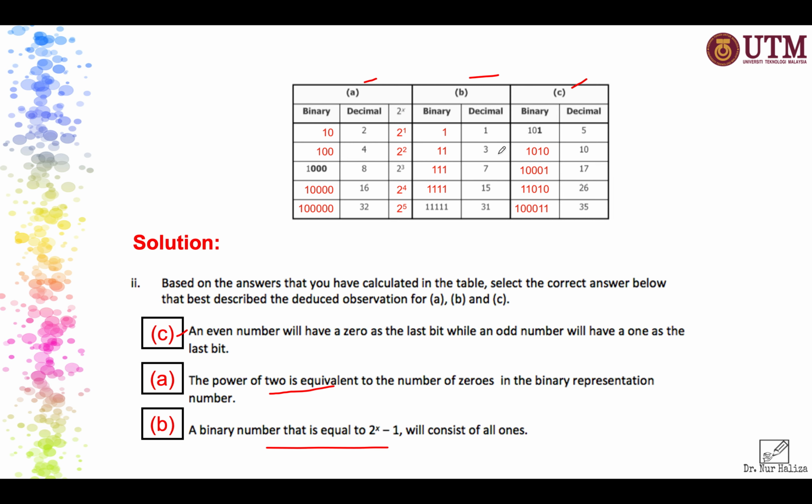So this table, you need to know and understand the correlation between binary and decimal. If you understand the basic, you can straightly know what is the point of this ABC table.